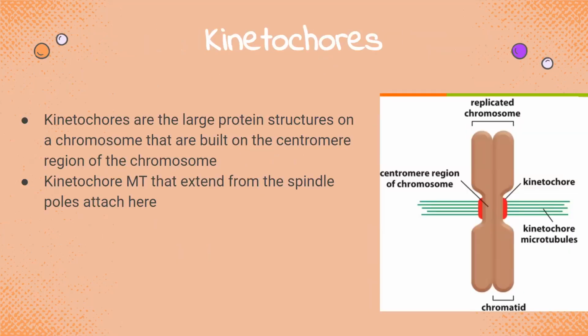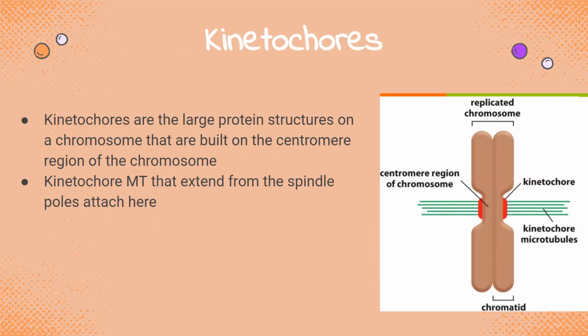So the kinetochores are a really cool protein complex that sits in the centromere of the chromosome. They look just like little buttons on there. They're the red things, but there are over 80 proteins that are all working together to form this functional protein complex. They're very cool. And kinetochore microtubules are the things that are going to be reaching out from spindle poles and binding to the kinetochore.